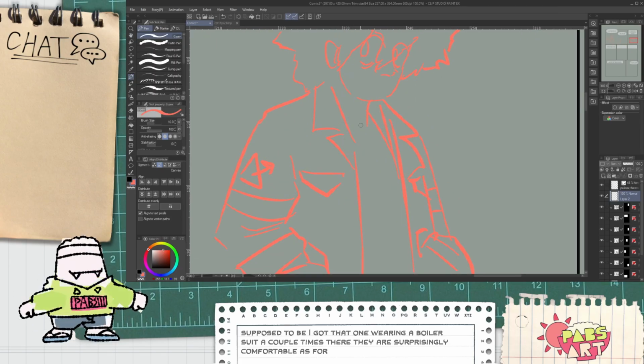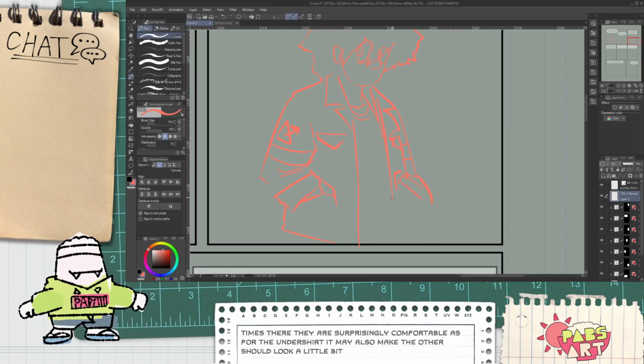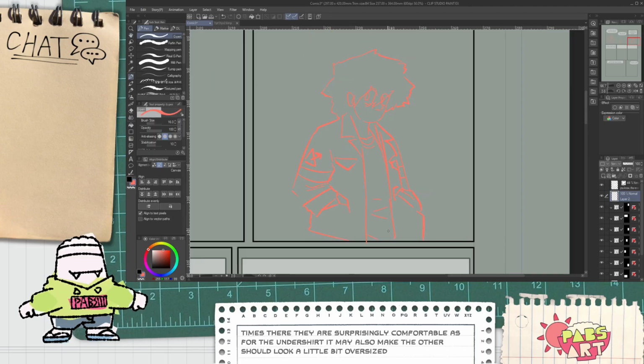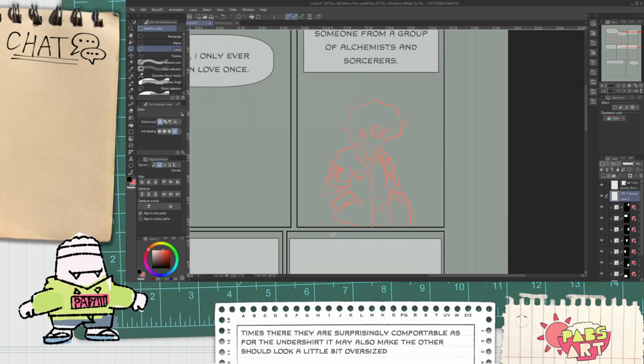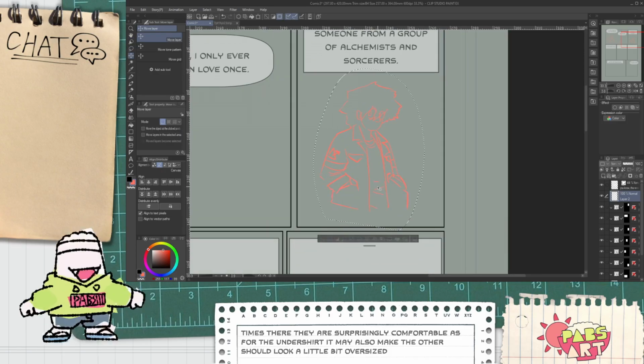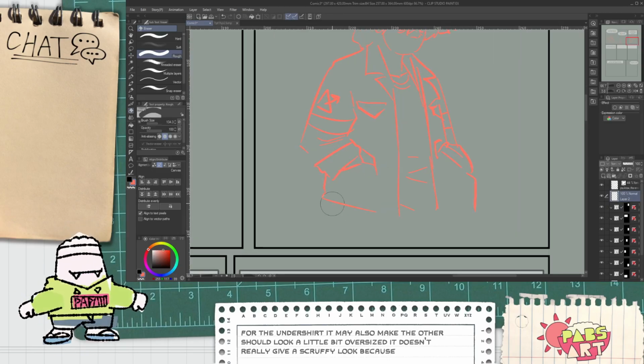As for the undershirt, hmm. May also make the undershirt look a little bit oversized. It doesn't really give a scruffy look because everything looks just ginormous on him.